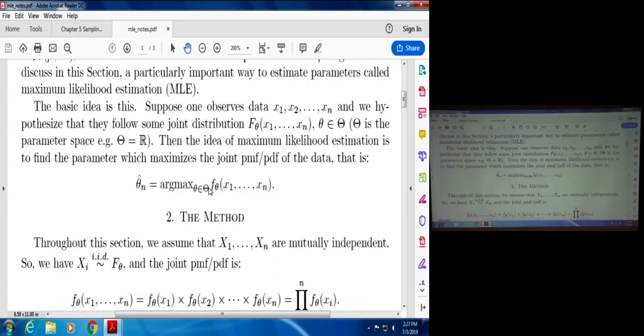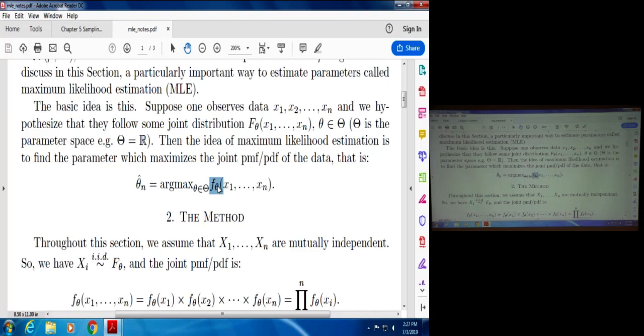If you think about this quantity F, suppose x1 up to xn, or the random variable x, is a discrete random variable. Then this quantity represents the probability of seeing our data.